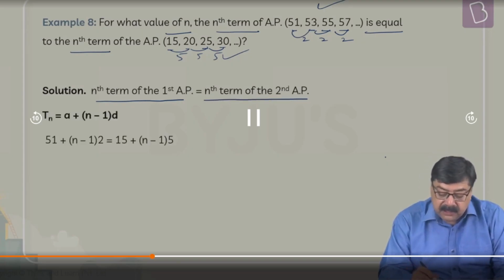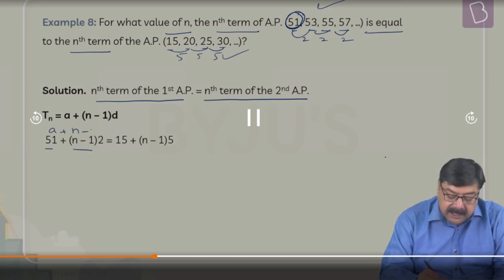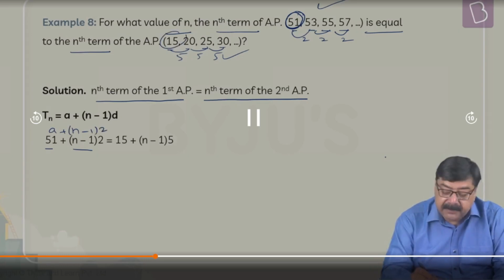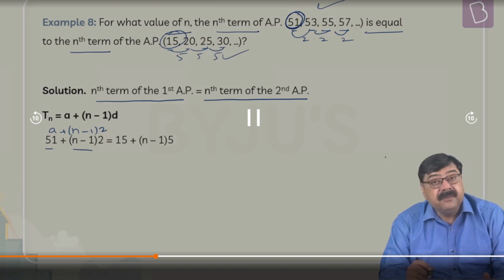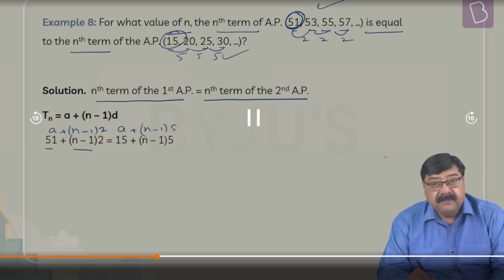Using the general formula, in the first AP, the value of A is 51 plus N minus 1, and the difference here is 2. So this is A plus N minus 1 into 2. And for the second AP, the first term is 15 plus N minus 1 into the common difference, that is 5.